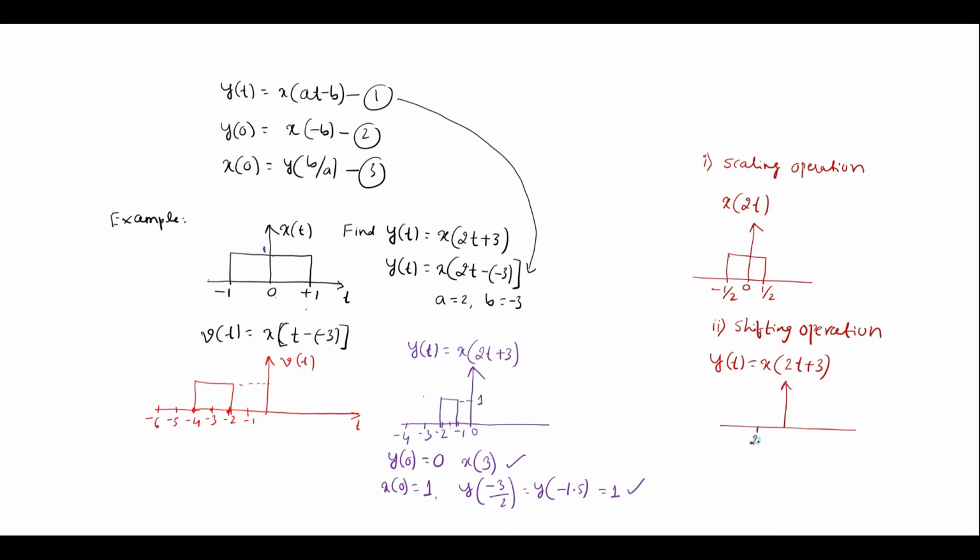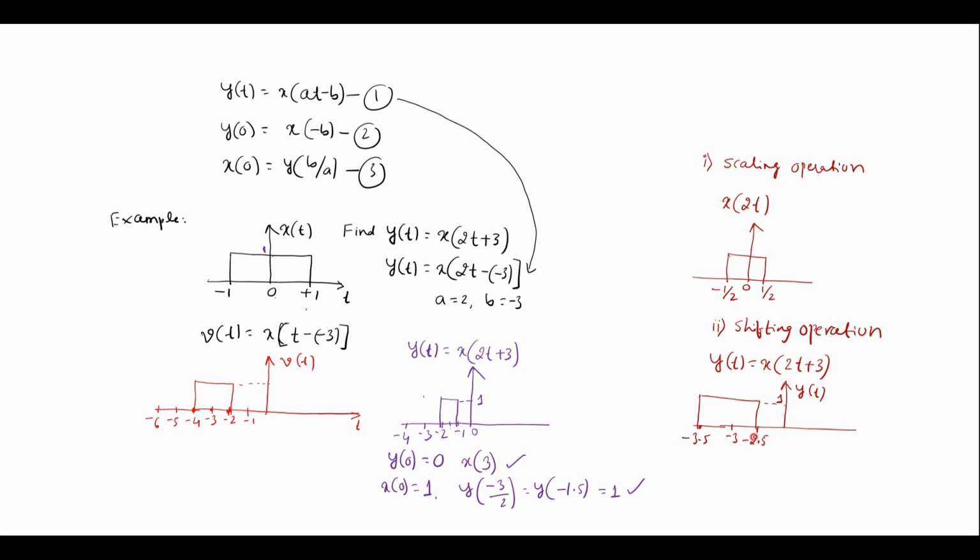The origin will exist at -3, and -1 by 2 will appear at -3.5. Therefore, now the same signal will appear between -3.5 to -2.5 with the same magnitude, say 1. So this is the y of t signal.